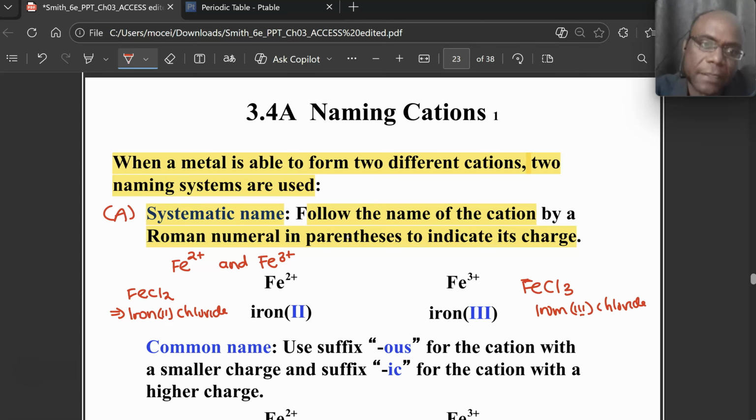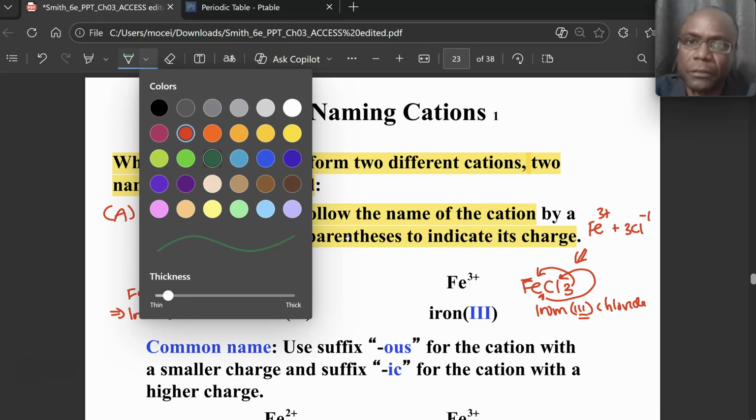Caution, this 3 is usually based on the charge of the ion. Remember, there's a 1 here. This 3 came from the Fe. This one came from the chloride, meaning this compound was made from Fe3+ combining with 3 Cl. Remember, I showed you how to generate the formulas of ionic compounds.